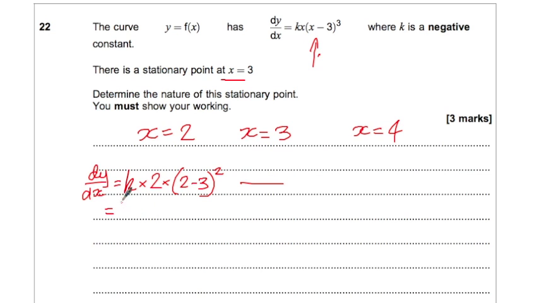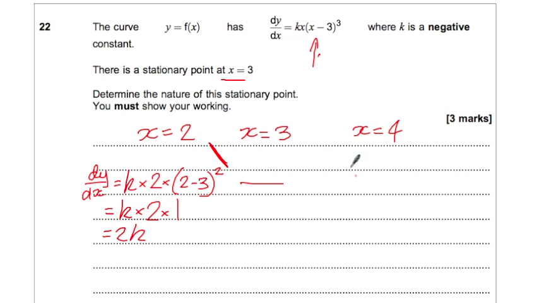So that's k times 2 times minus 1 squared, which is 1, so it equals 2k. Now is this positive or negative? Well, they've told us k is a negative constant, so we don't know what the gradient is, but we know it will be negative.